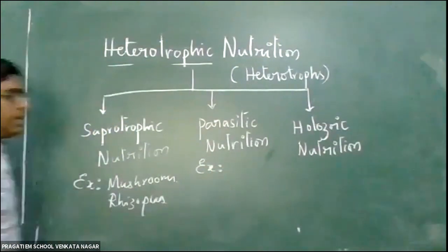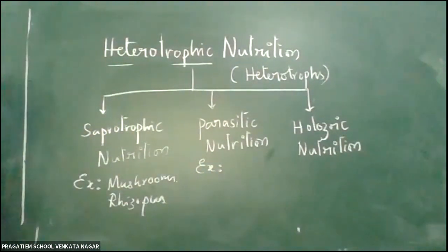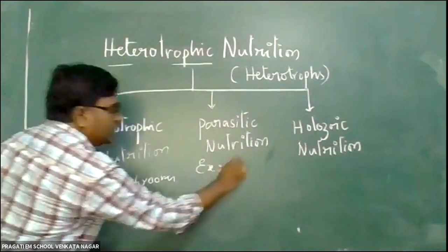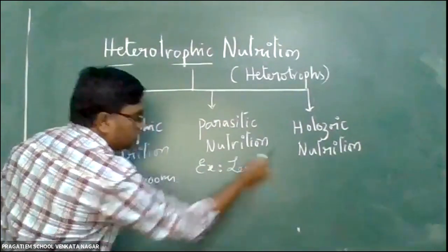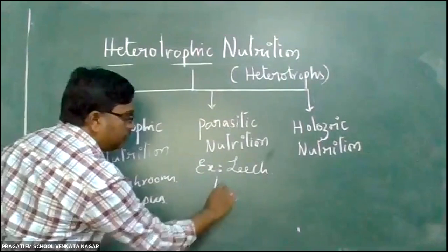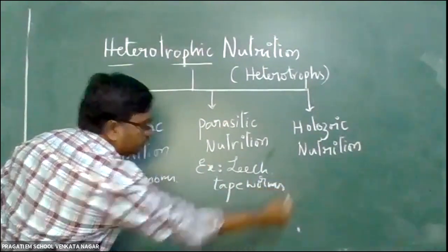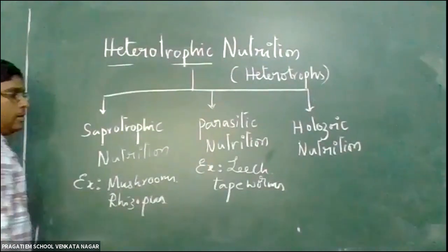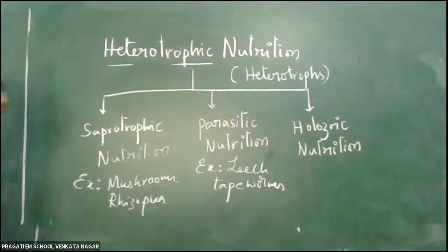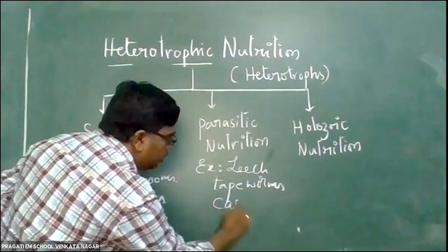For parasitic nutrition: leech, tapeworm, and one of the parasitic plants, that is Cuscuta.